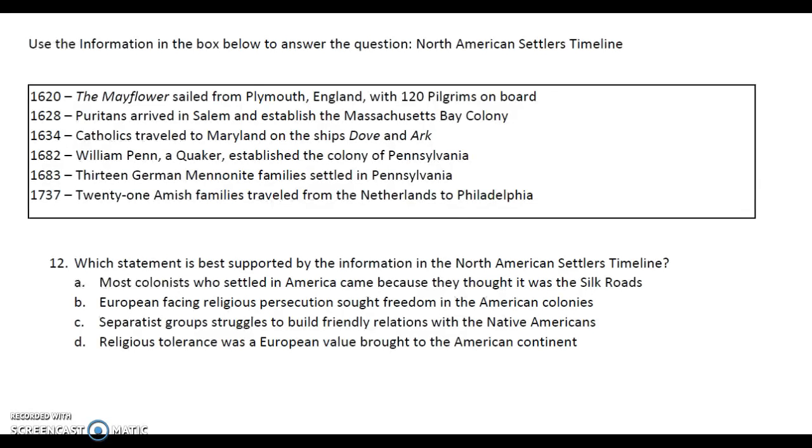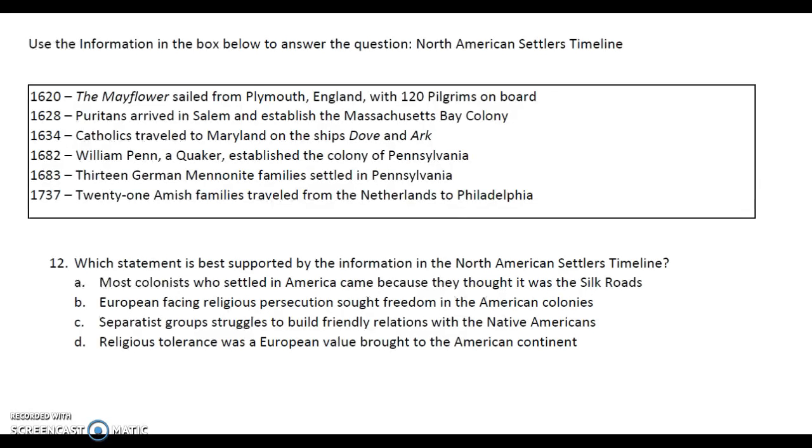Number 12. Which statement is best supported by the information in the North American settlers timeline? A. Most colonists who settled in America came because they thought it was the Silk Roads.